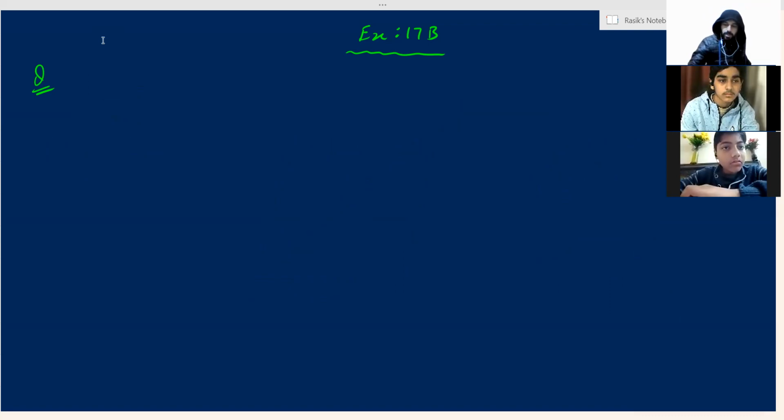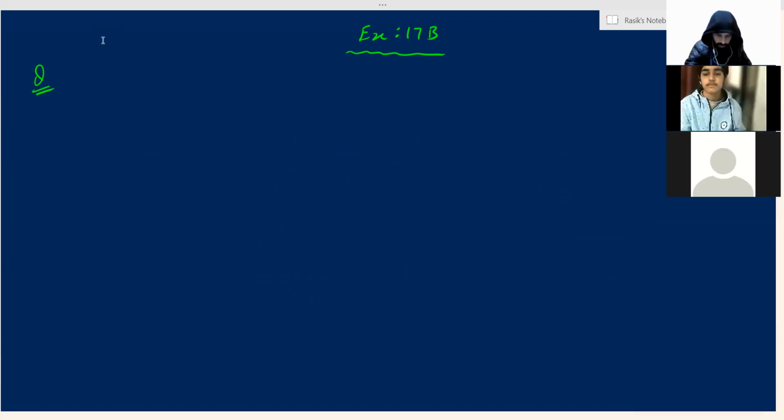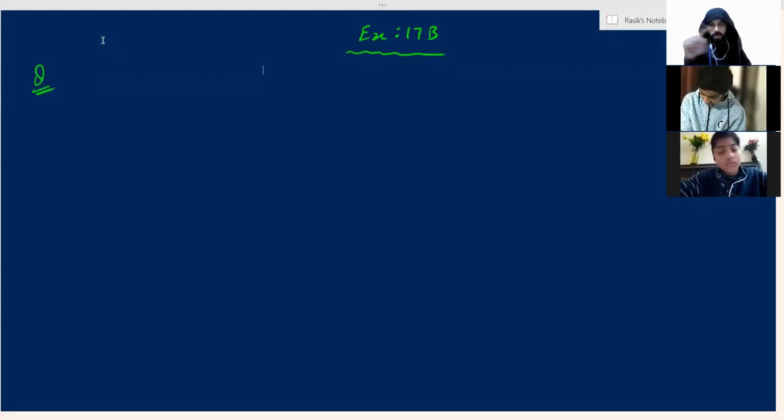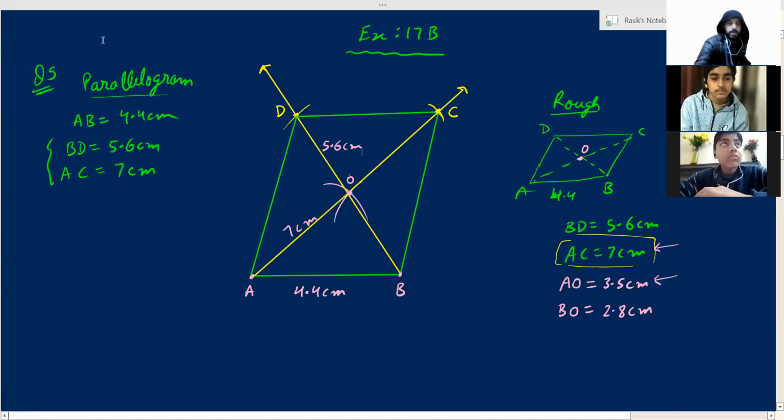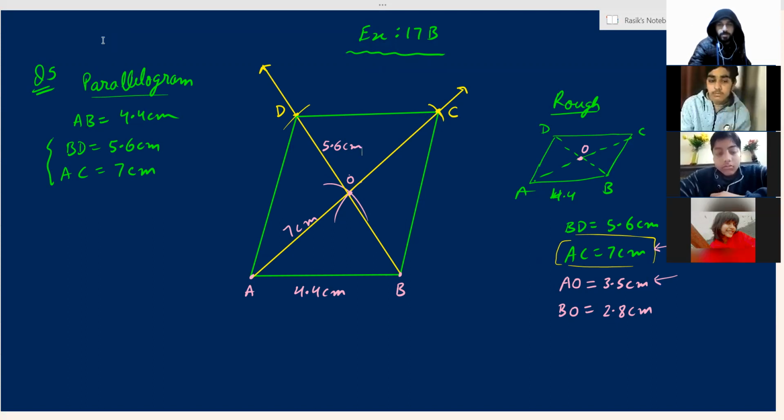Pranjali has posted the answer of the previous one. Pranjali, it is correct, but you have not made the arcs for vertex C and vertex D. Look at this figure. Can you see the arcs for vertex C and vertex D? You have to cut out these arcs.